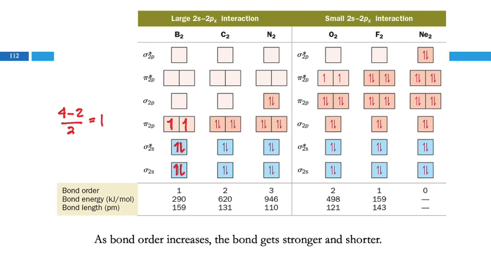And so here for oxygen, 12 electrons in here. 1, 2, 3, 4, 5, 6, 7, 8, 9, 10, 11, 12.